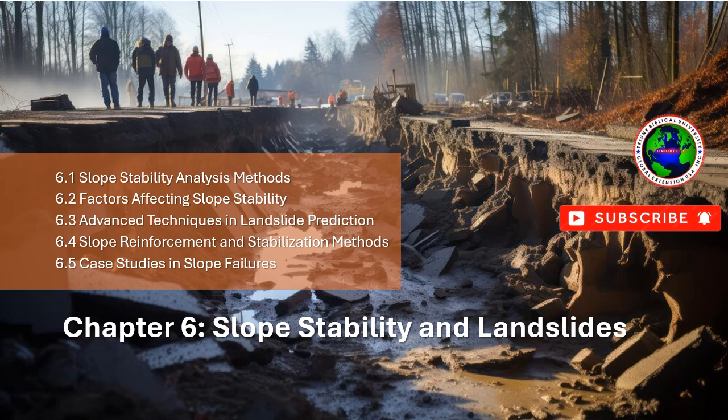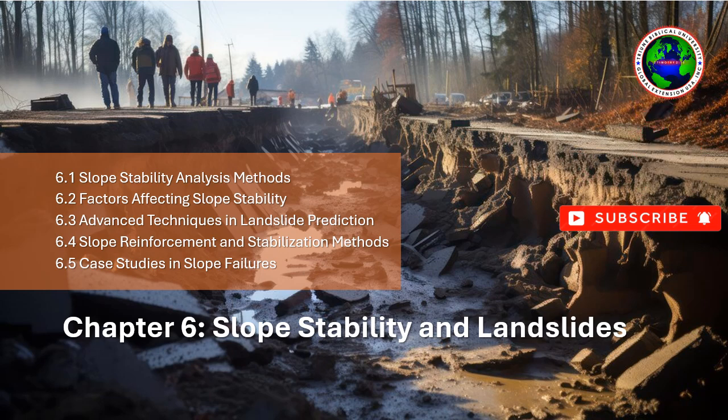6.4.3 Retaining walls. Retaining walls are structures used to support the soil behind them, preventing it from sliding or collapsing. These walls can be made from a variety of materials, including concrete, stone, steel, and timber, and are designed to resist the lateral forces exerted by the slope.